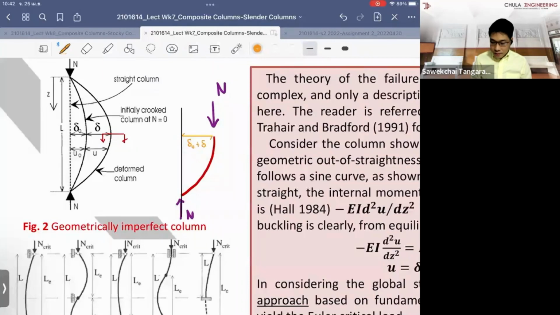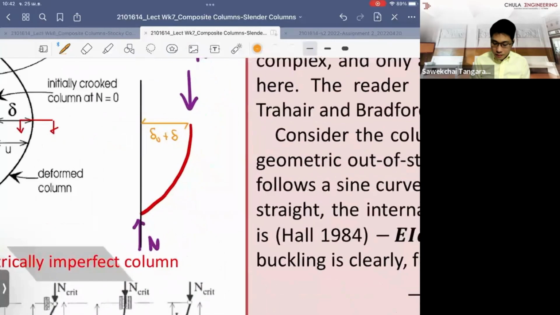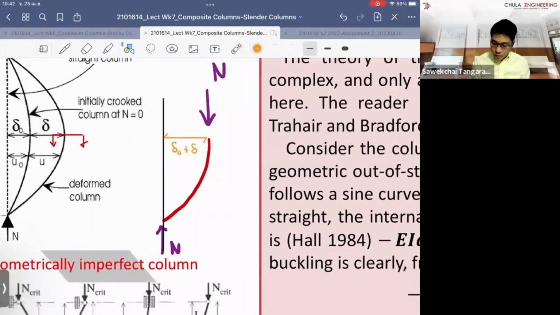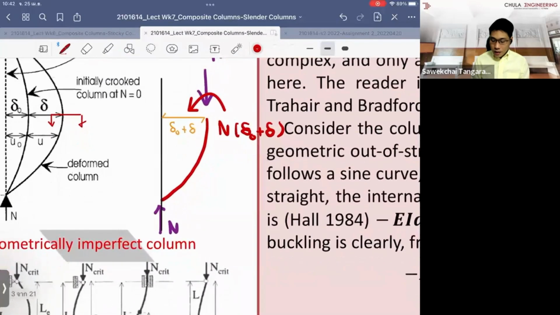So when we have the member eccentricity, we call it a secondary effect, right? And this creates what is called a secondary moment, which is a moment that we didn't apply but it still comes. This amount of moment is N times delta naught plus delta, right?